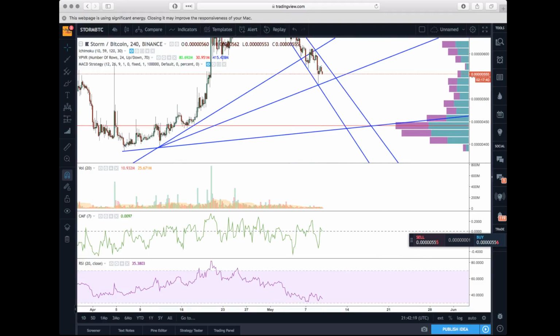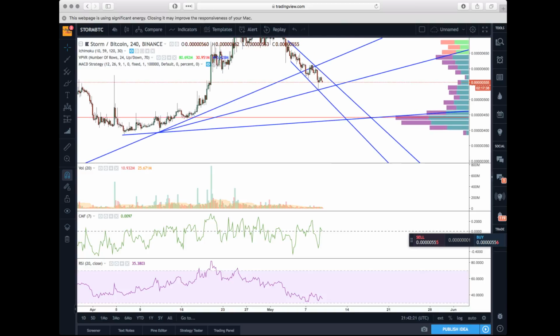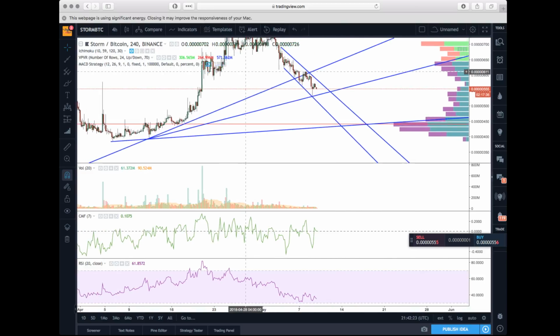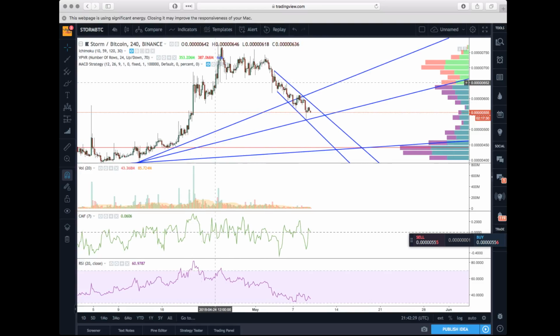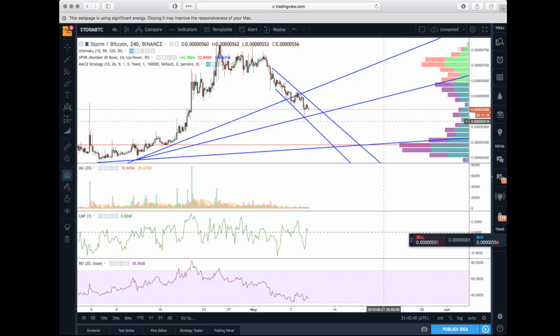So I do feel like this is maybe some people who bought up here and are getting a little scared, so they're selling, slash market makers who are just pushing that price down, trying to get better entries for themselves and accumulate more, or scare some people out of their positions.